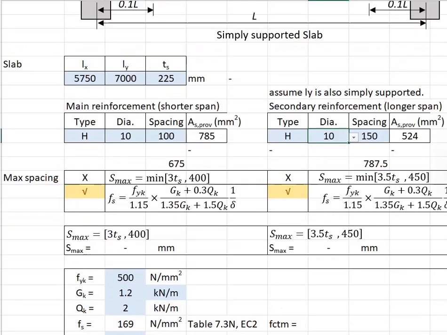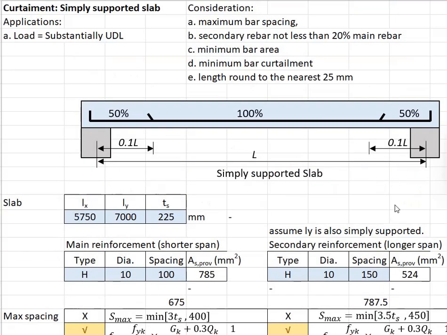Now compare the maximum spacing against the spacing that you have provided. The spacing is acceptable. With that, now you at least know that the proposed size of the reinforcement bar and the spacing is adequate in terms of the maximum bar spacing and also in terms of the minimum bar area. One more thing that you might want to check is the area of the secondary rebar against the main bar.